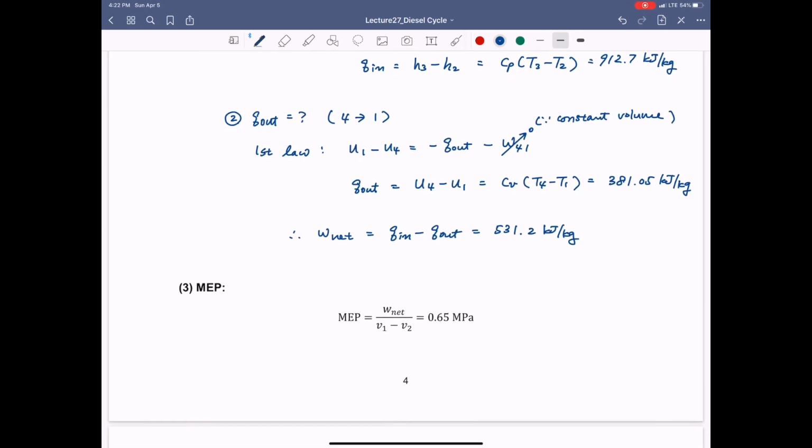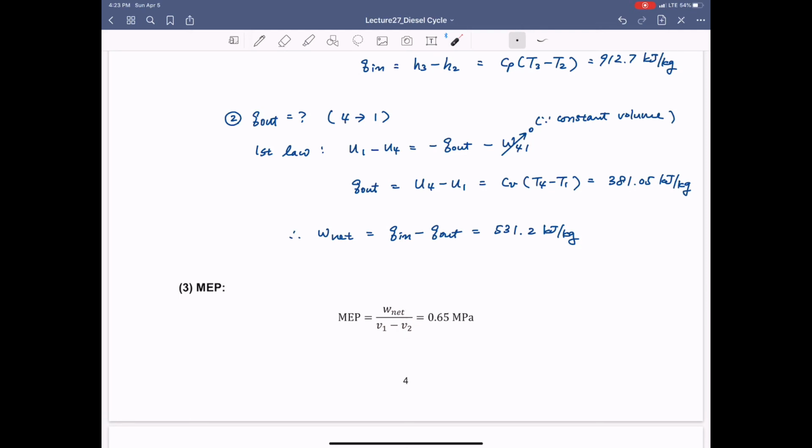Right, then the next question is the mean effective pressure, or MEP. Please remember that the MEP is defined as the net amount of work divided by the displacement volume, or maximum volume minus minimum volume. In that case, it should be V1 minus V2. We already calculated W net, and we also know V1 and V2.